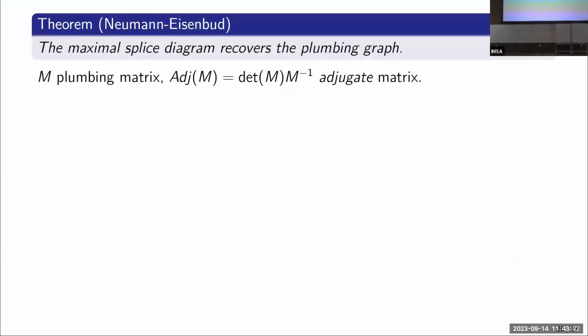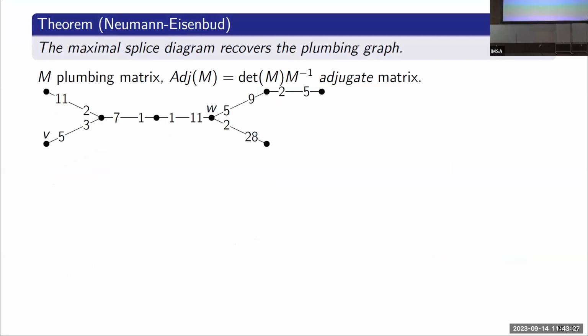So if you take a plumbing matrix, we denote the adjugate matrix, which is just the inverse times the determinant. The way it works is that we look at this maximal splice diagram. We take two vertices, because we want to get an entry of the plumbing matrix. We connect them by a path, and we look at the product of all the attached numbers, 2, 2, and 5.